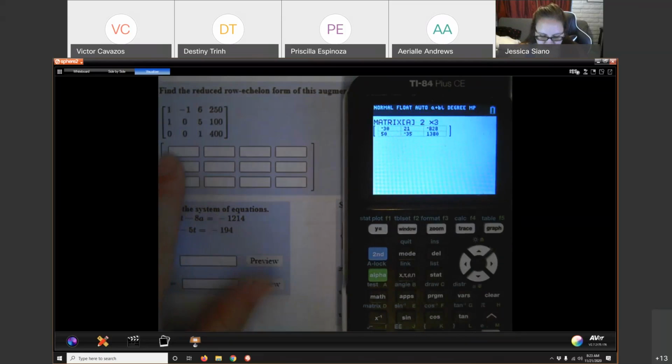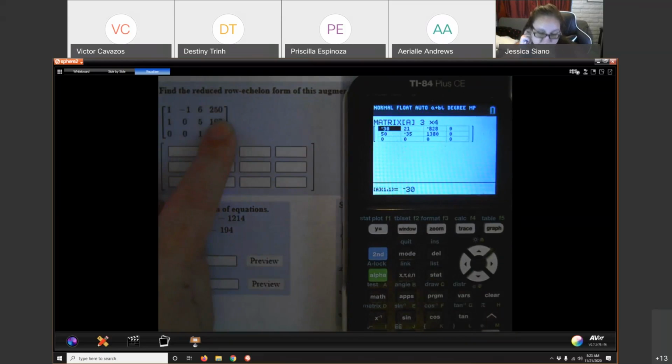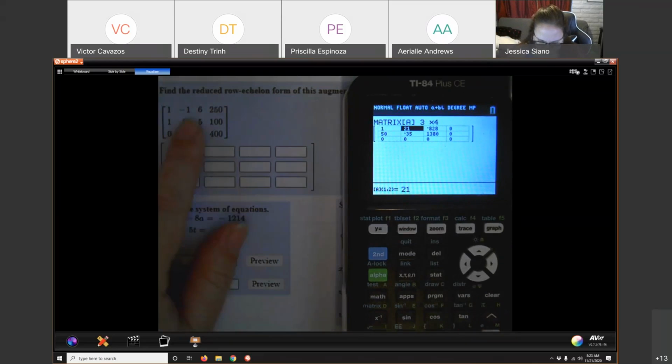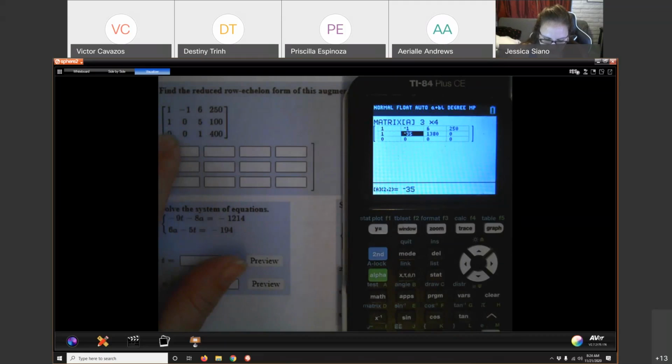This matrix has 3 rows, 1, 2, 3, and 1, 2, 3, 4 columns. So it's a 3x4 matrix. You just put in those numbers and press enter and it'll save. If you have something in your matrix, you just go right over it. So like if I just do 1 and then enter, it replaces what's there with that one. So 1, -1, 6, 250. And again, all I'm doing is pressing enter in between.